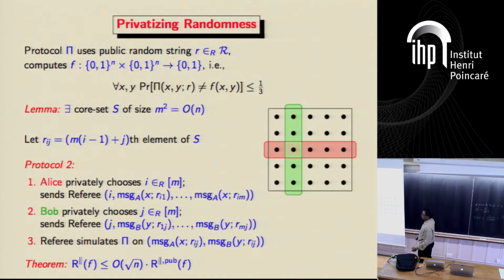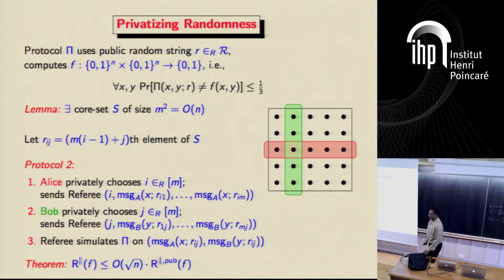So how is this done? These are just formulas to say choose the ith row, jth column element. Alice will choose the row, and then she will send to the referee the row index and whatever her message would have been in the original protocol for every possible random string in this row. Then Bob does the same thing with his column.